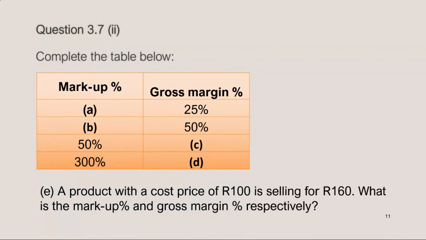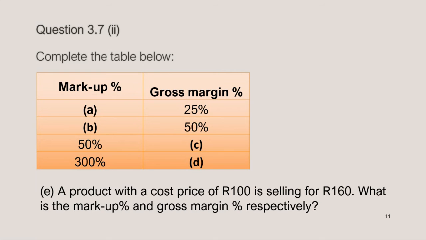Now, what is our selling price if our markup is 50%? Our selling price would be what percentage? That's correct. So we take 100 plus 50 to get to 150.